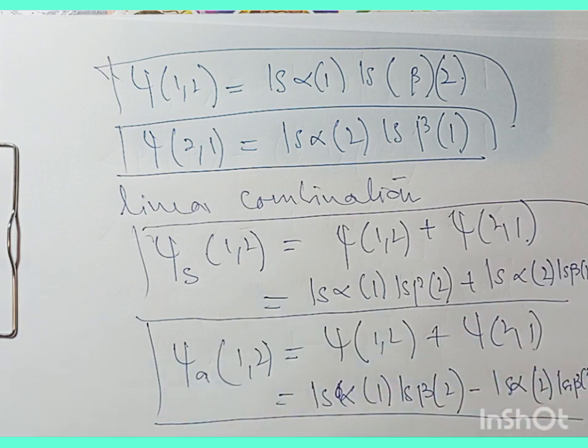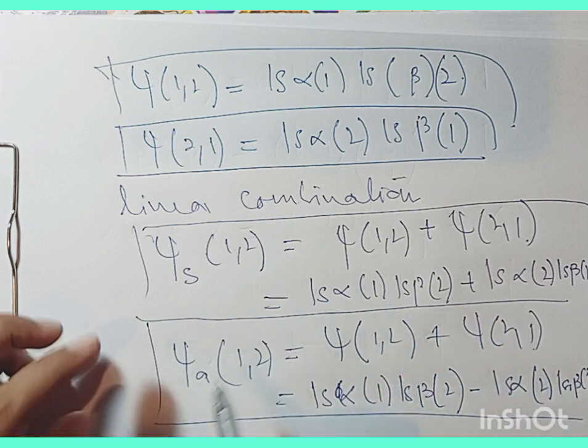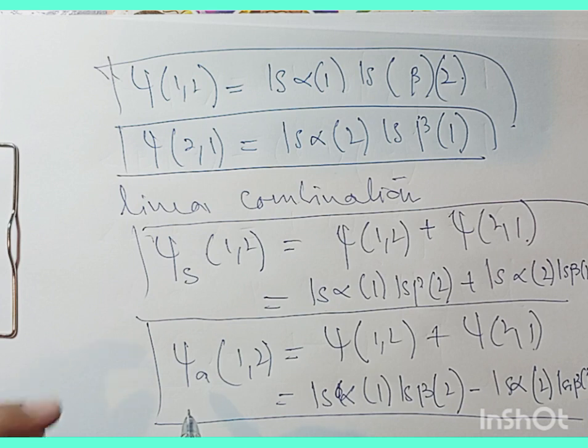If you exchange the two fermions, the overall sign of the wave function changes. So we call this psi a asymmetric. The second one that I have written down is the asymmetric wave function, and the first one is the symmetric wave function. You can see we have not normalized these wave functions. These can be normalized, and only the anti-symmetric wave function satisfies the Pauli principle.